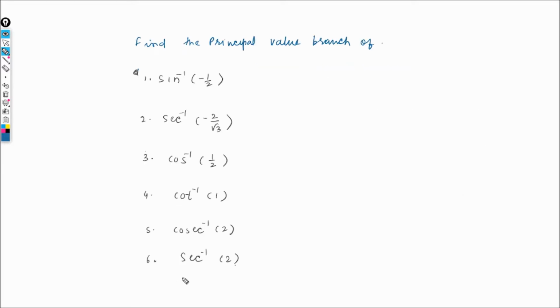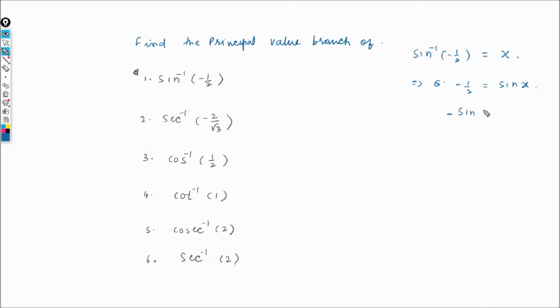So let us solve some questions on principal value branch. So let us see first, sine inverse of minus 1 by 2 is equal to x. This implies minus 1 by 2 is equal to sin x.